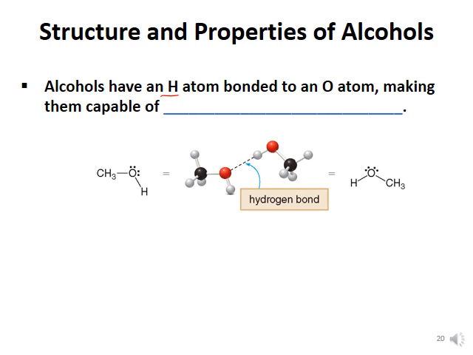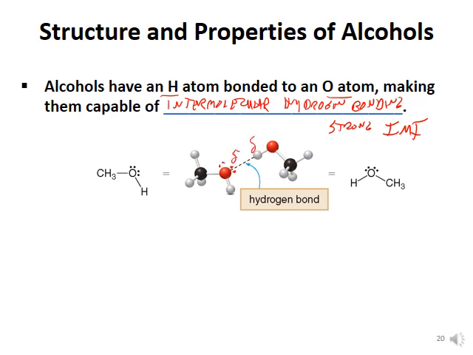Since the H is directly bonded to an O atom, you can have intermolecular hydrogen bond forces. Remember, this is a strong IMF. And here's where it happens. There's the lone pair on the oxygen, and that's partially negative.